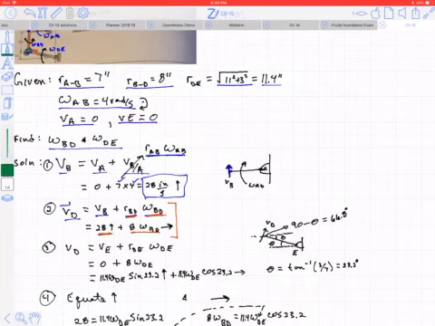So we can write the equation for VD coming down from point B, which we did, and now we can do it coming up from point E. So VD equals VE plus the length of that bar times its angular speed. Well, VE is a fixed point, so VE is 0. RDE is, I've got this written wrong, RDE is 11.4 omega DE.